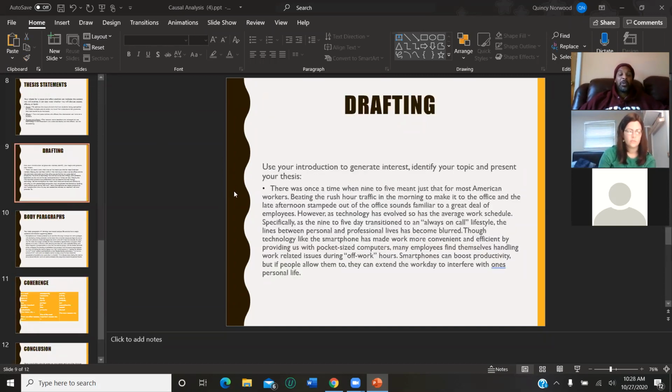So: attention grabber, background or context. After you've gotten their attention, with the background you're getting them involved in the conversation. You're answering the question: what do they need to know to be part of this conversation? What does my reader need to know to understand the points I will be making throughout my essay?